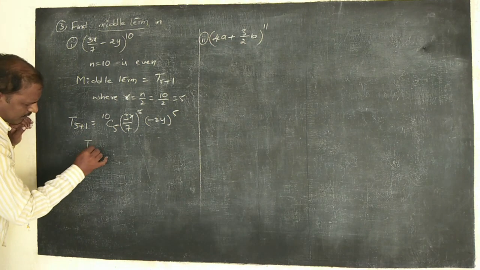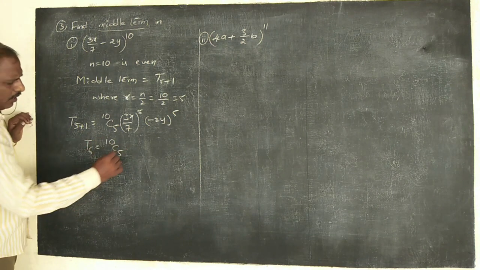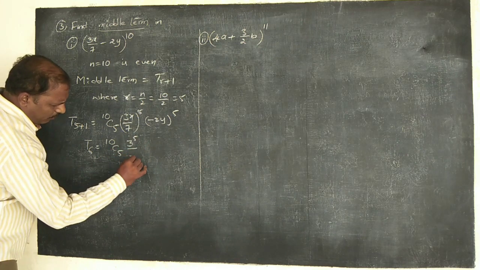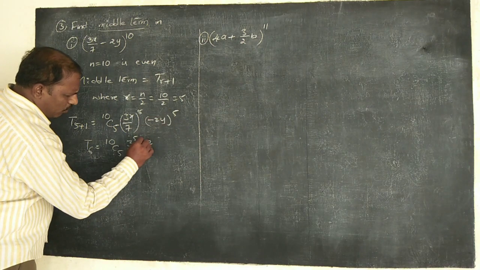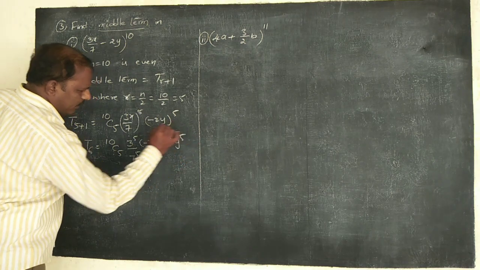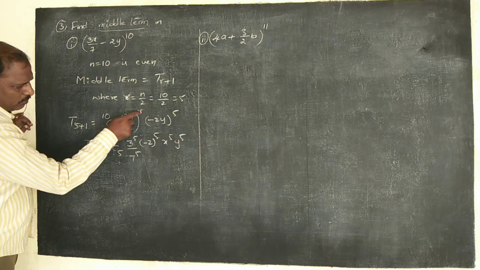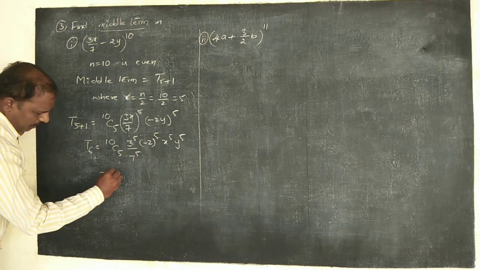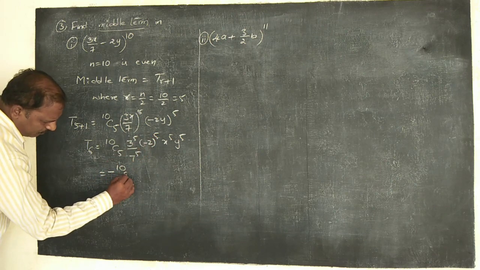So T6 is nothing but 10C5, 3 to the power of 5 by 7 to the power of 5, (minus 2) whole to the power of 5, x to the power of 5 and y to the power of 5. Minus 2 to the power of 5 is an odd power, so the sign is minus.